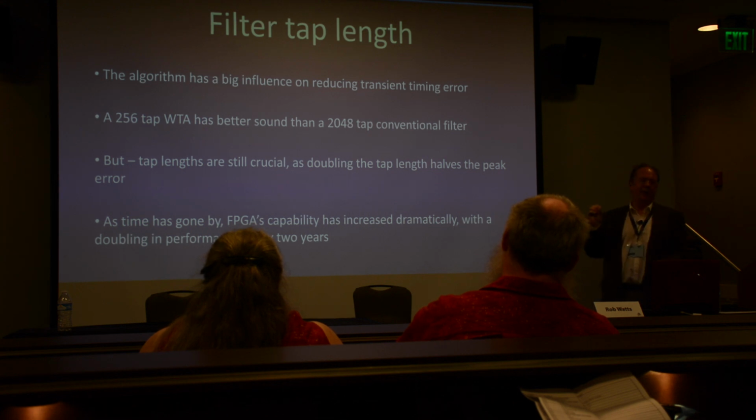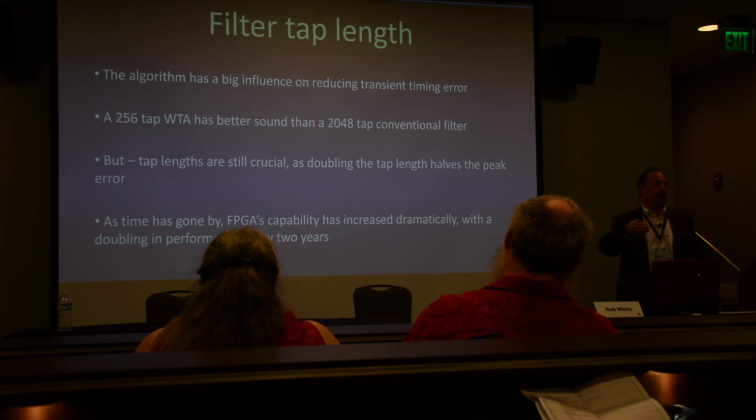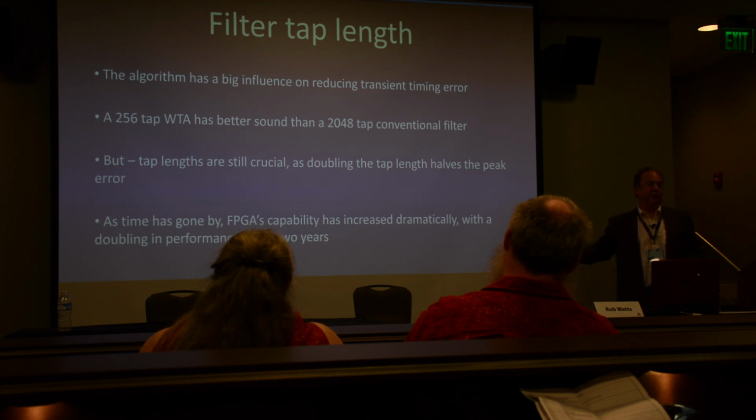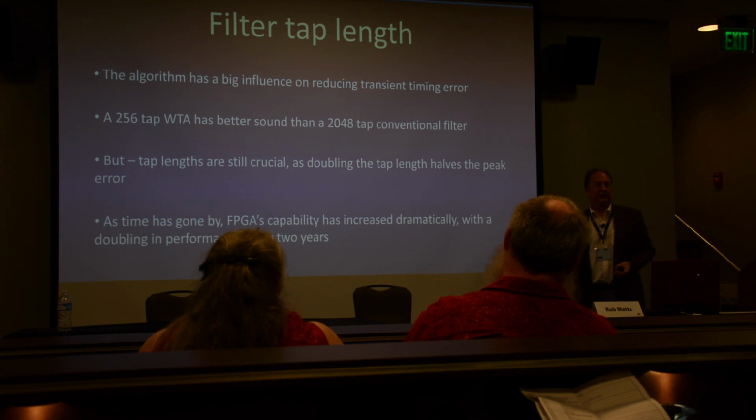But eventually I managed to crack a solution and found something that was very important. And then I adjusted the algorithm, and I found that using this algorithm gave me a 10-fold improvement in sound quality. So that a 256 tap WTA filter sounded better than a 2000 tap Kaiser function filter, which is the standard filter function that people would use.